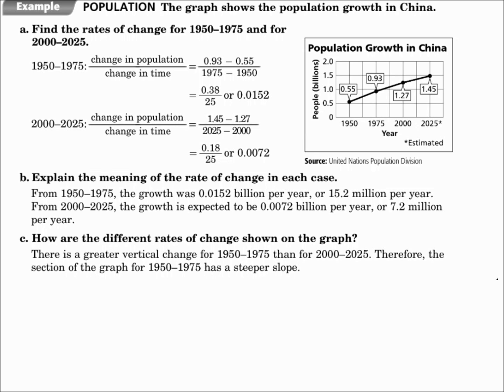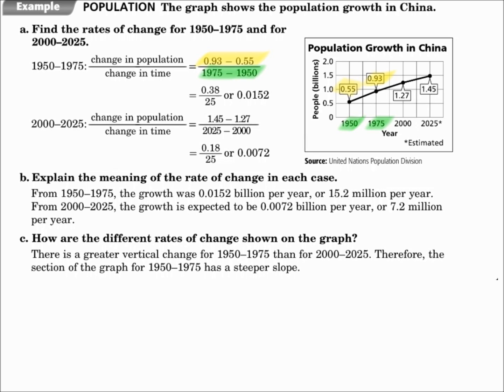For 1950 to 1975, the change in population is 0.93 billion minus 0.55 billion. And that's newer minus older. For the change in time, you're doing 1975 minus 1950. That's newer minus older.